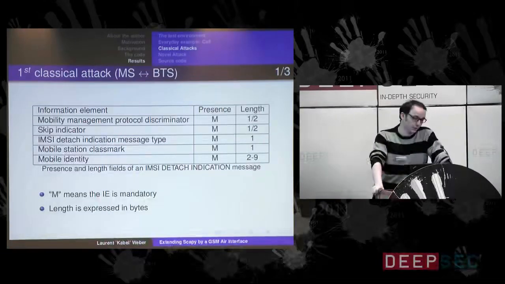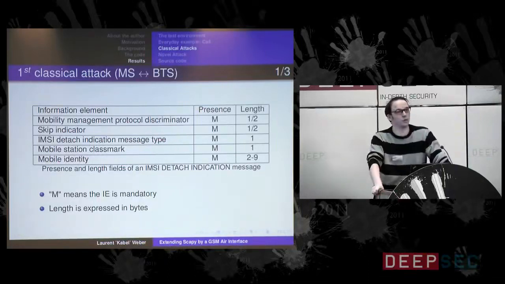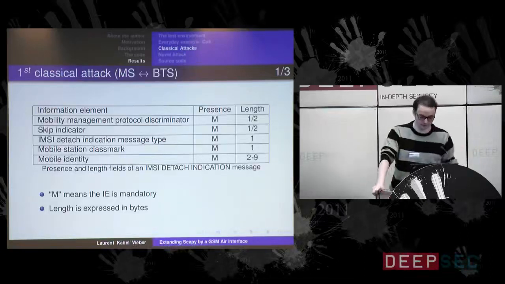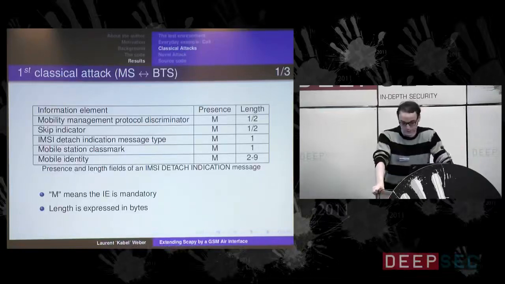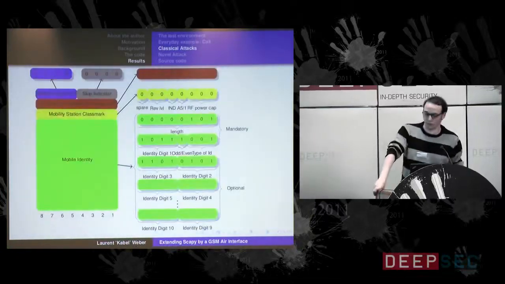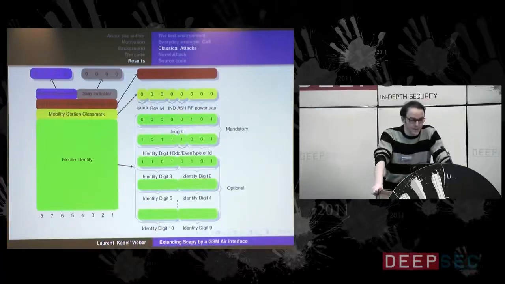You see all the information elements are mandatory. The lengths are all fixed except for the mobile identity, where you have a size from 2 to 9 bytes. Yes, a graphical representation of this packet could look like this. This is now my representation.